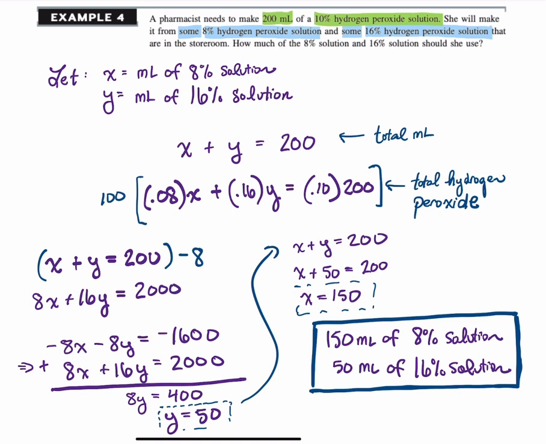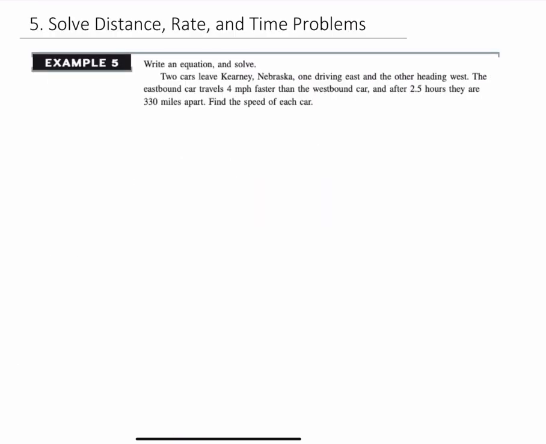Okay, our last example is a distance, rate, and time problem. Let's take a look. It says two cars leave Kearney, Nebraska, not sure if that's how it's pronounced. One driving east and the other heading west.